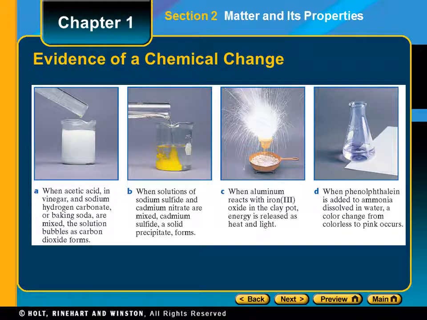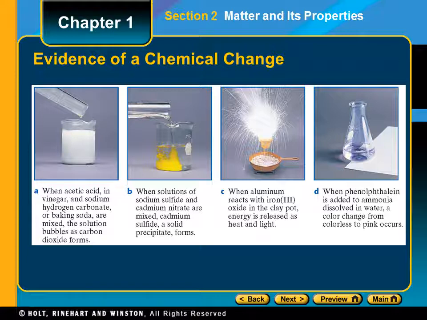These diagrams show us some examples of chemical changes that take place and the types of things that you can look for to define whether or not something is a chemical change. In A, we've got acetic acid, which is vinegar, and sodium hydrogen carbonate, which is baking soda. You mix them together, you get bubbling. That bubbling represents the formation of a gas.